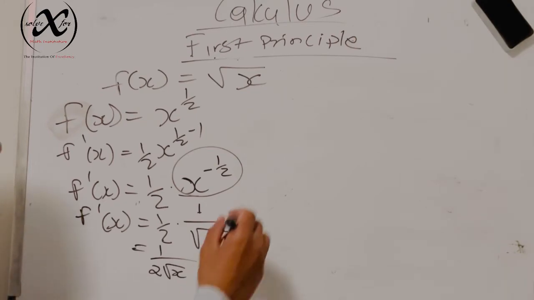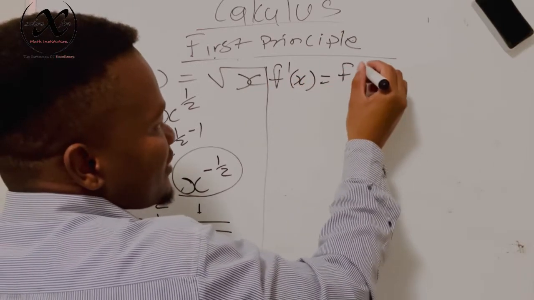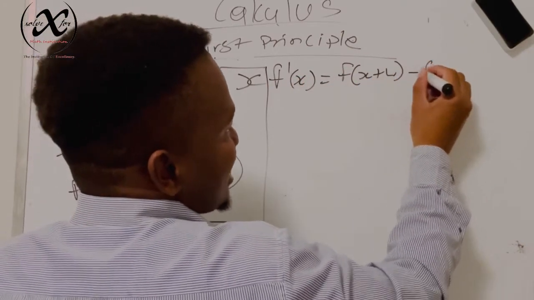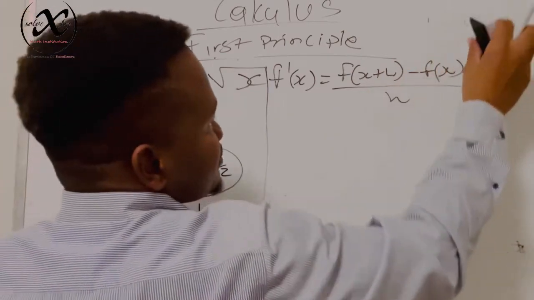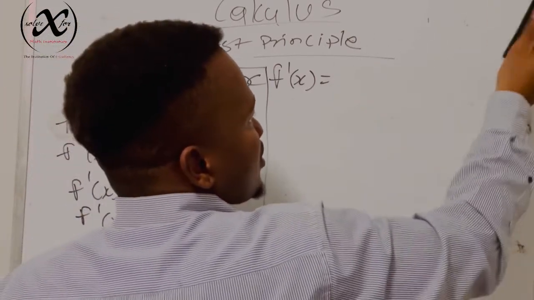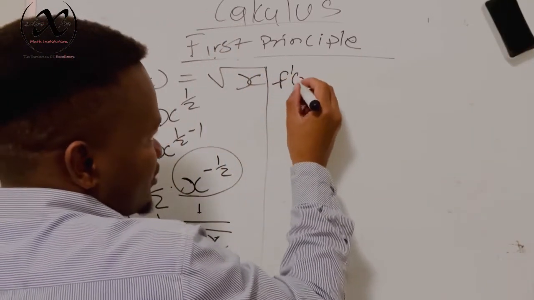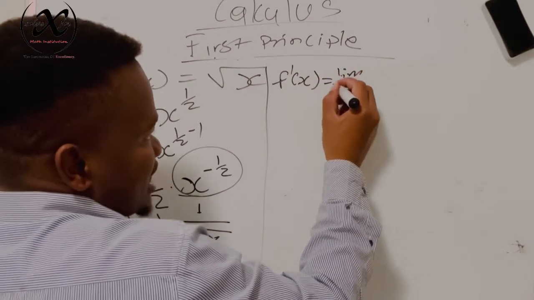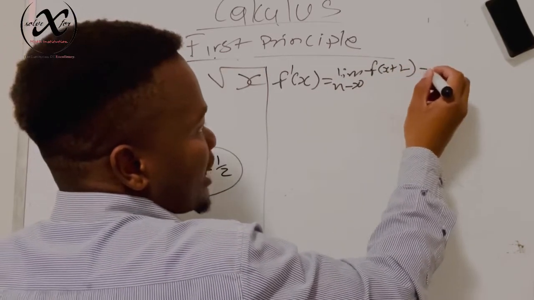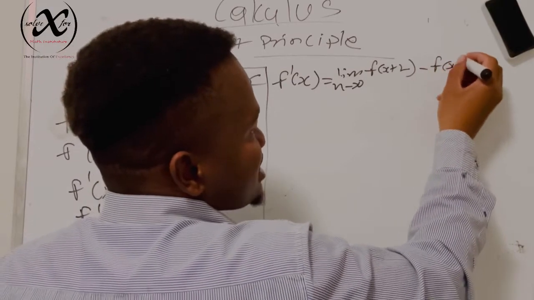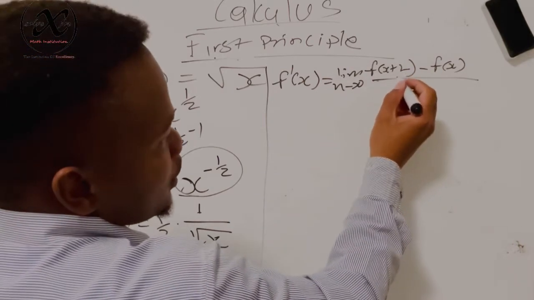Okay, so then let's see, using the first principle, f derivative of x equals f of x plus h minus f of x all over h. Using the first principle, f derivative of x equals the limit as h approaches 0 of f of x plus h minus f of x all over h.